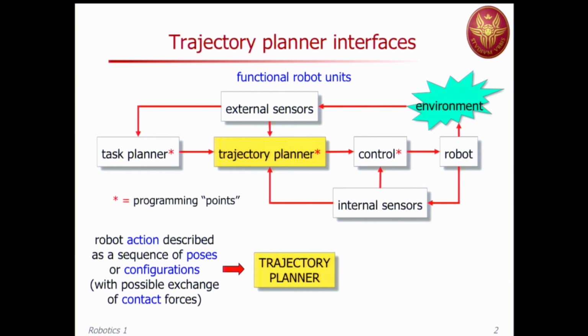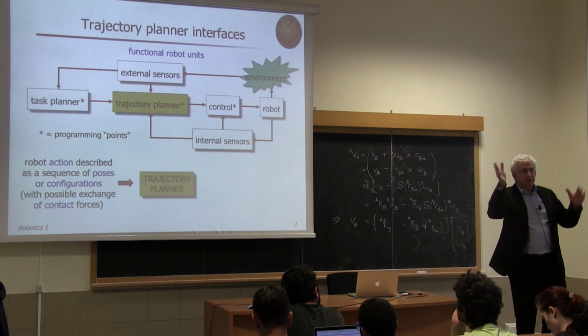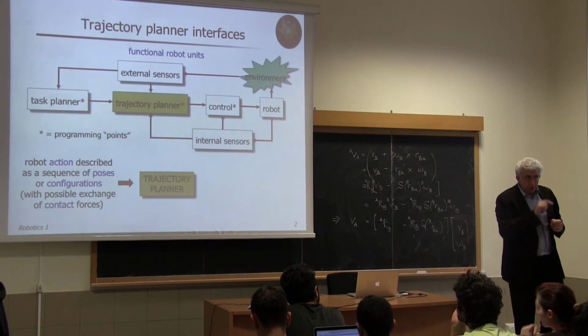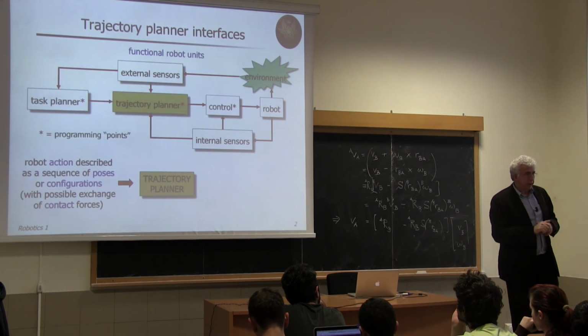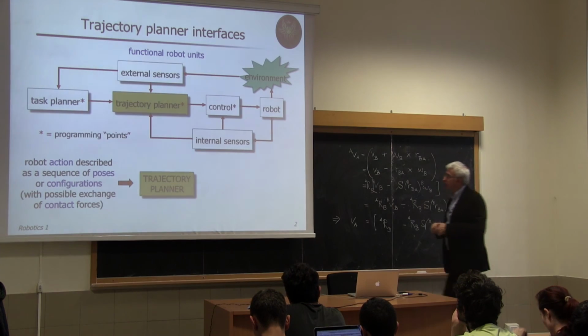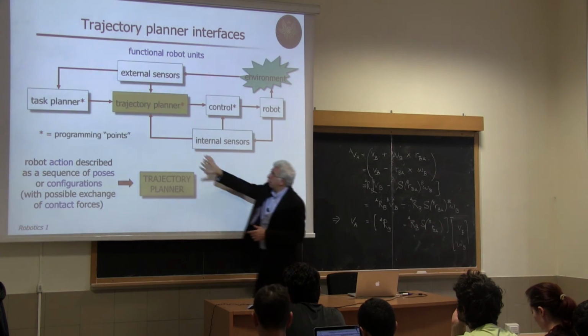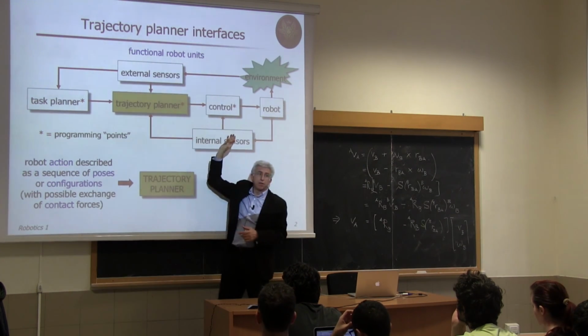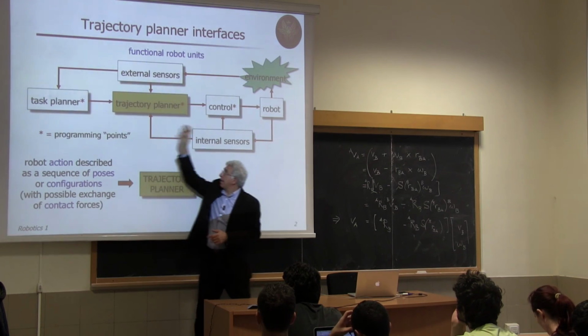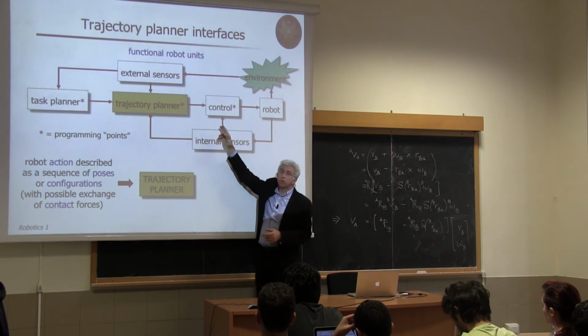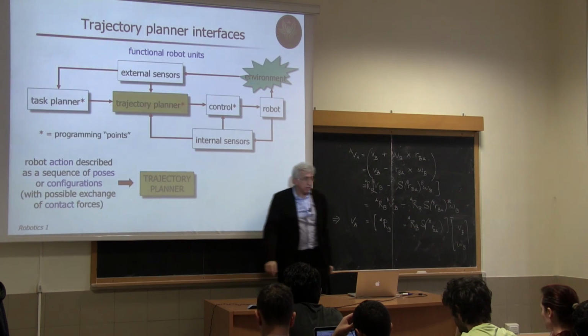So the control law takes very distributed values in times, not just seldom values, and uses this for imposing the command to the robot. Okay, so the trajectory planner is kind of a core of these 3 steps: planning the task, then the trajectory, then controlling the motion along this trajectory.